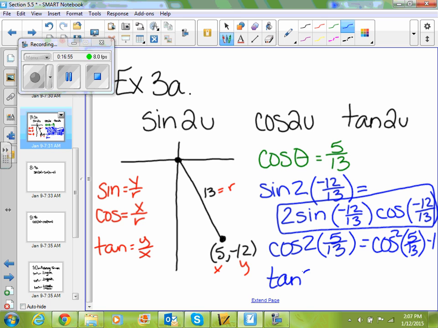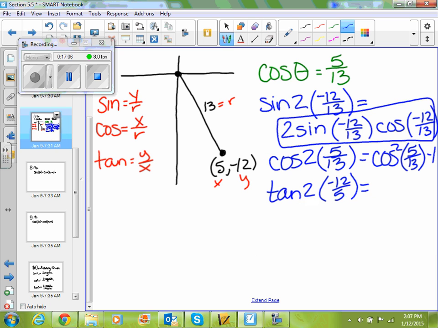And then lastly, tangent of 2u. Tangent is y over x, so negative 12 over 5. And what's our tangent formula? Does anybody remember? Yep, the double angle formula for tangent.